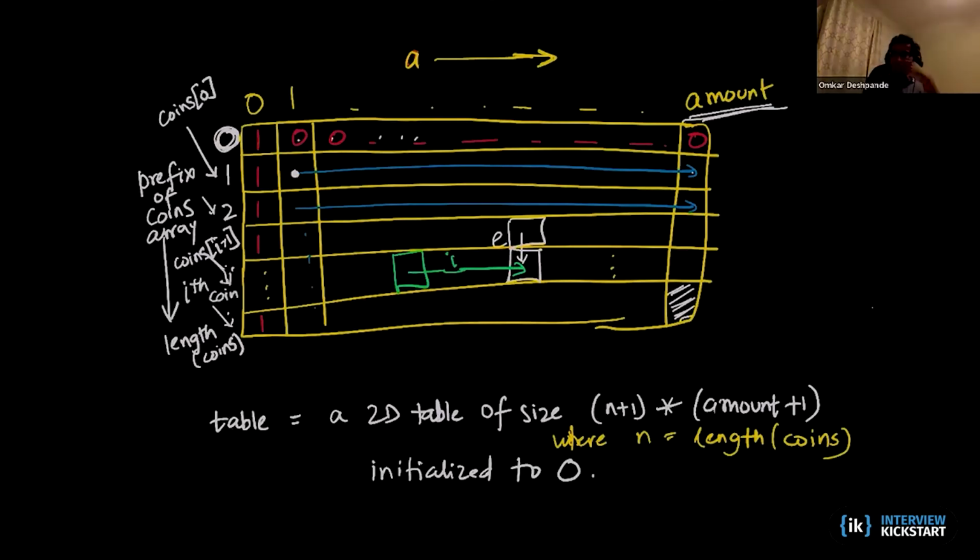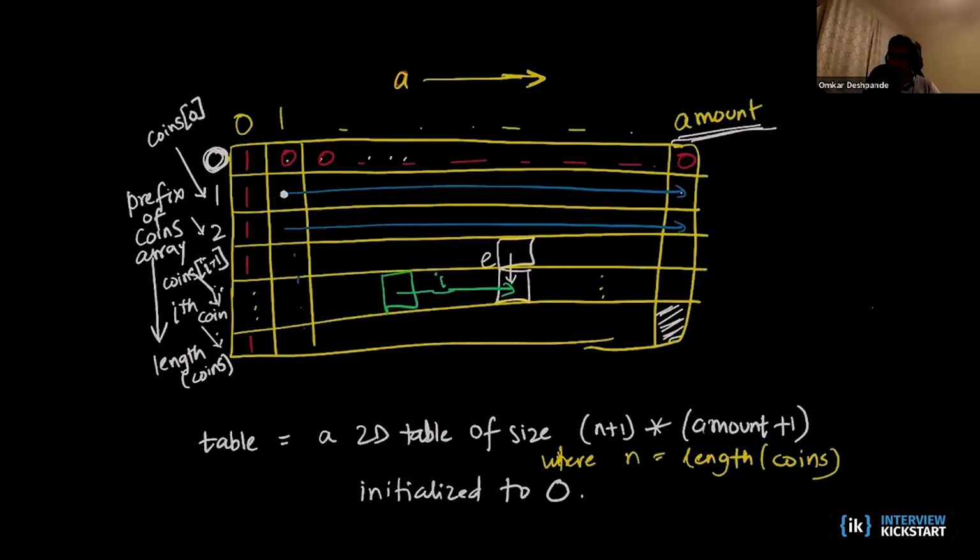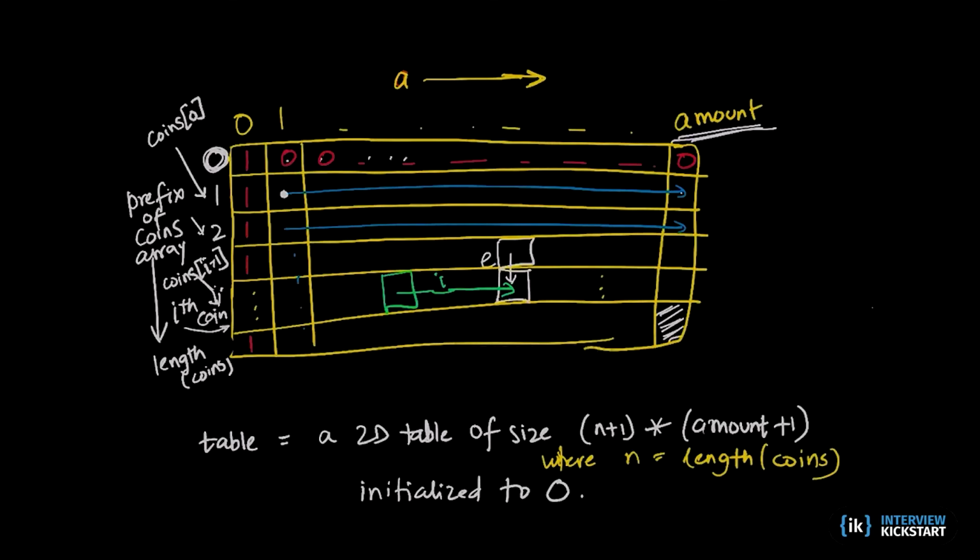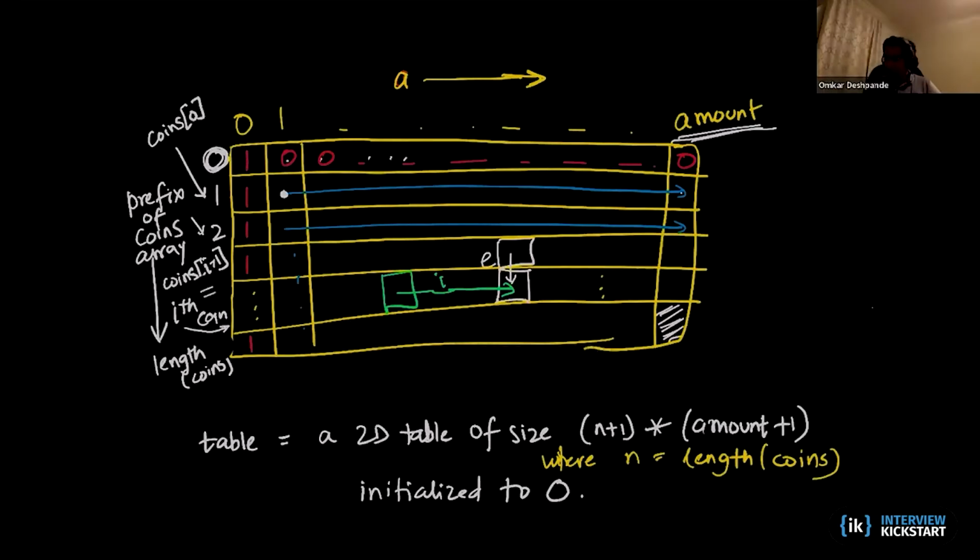If I'm at the row corresponding to the ith coin and the column corresponding to some general amount A, what is the index of the ith coin? It's just coins of I minus 1. Let me remove this arrow so that there's no confusion that the ith coin is that row. Okay, thank you. Coins of I minus 1 is the same as the ith coin.